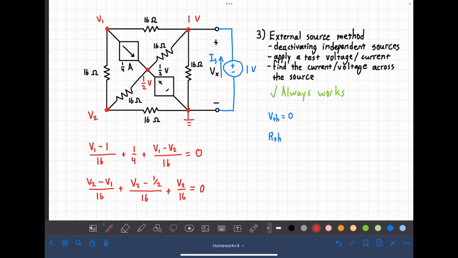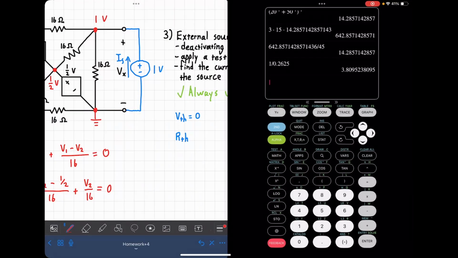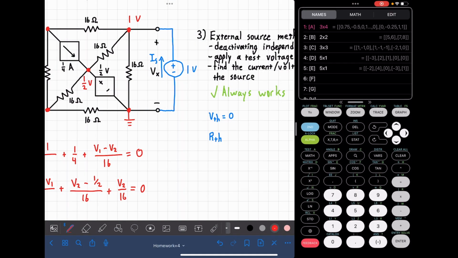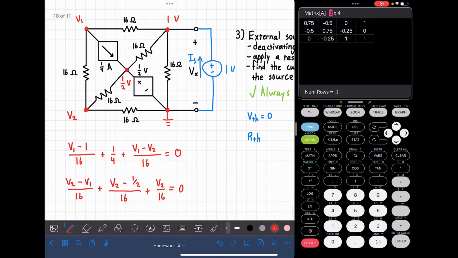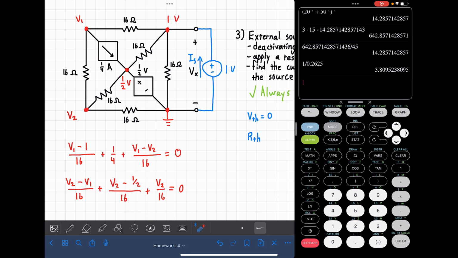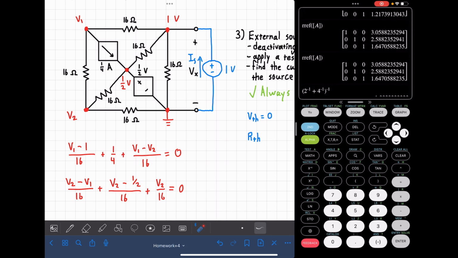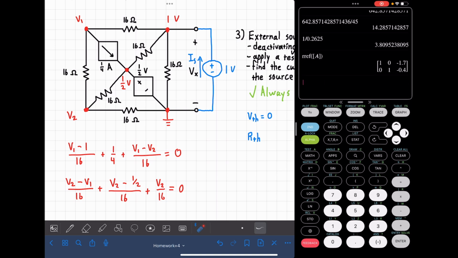Okay, now I'm going to go ahead and input these into our matrix. We've got 2 equations, 3 terms. And we'll go ahead and put this in reference form.